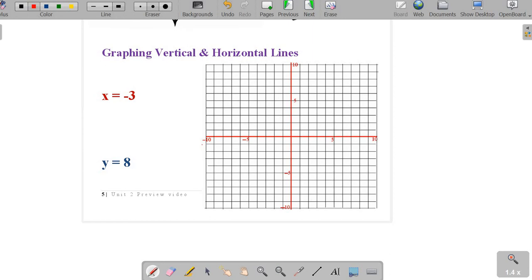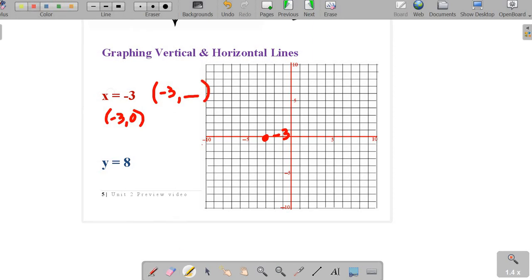X equals -3. What I just graphed was incorrect. That dot right there is not x equals -3. That point is the coordinate (-3, 0). X equals -3 is all the points where there's a -3, and then something, all the points.